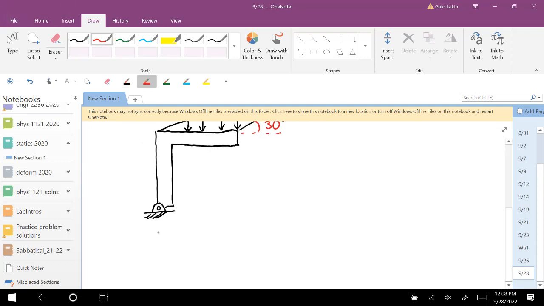The dimensions: this is 1 meter. This is 0.1 meters. And this is 1 meter.